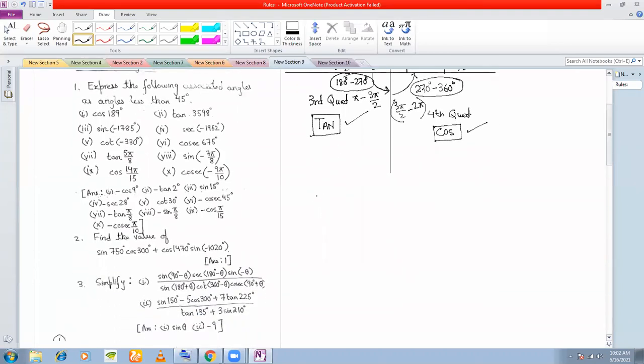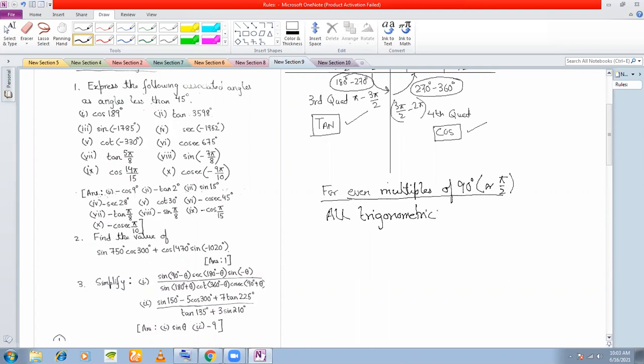The second rule here, just remember this rule, and when I give you an example you'll see it: for even multiples of 90 degrees or pi by 2, all trigonometric functions, or ratios, remain unchanged.